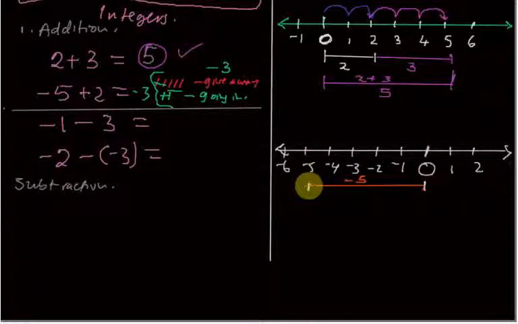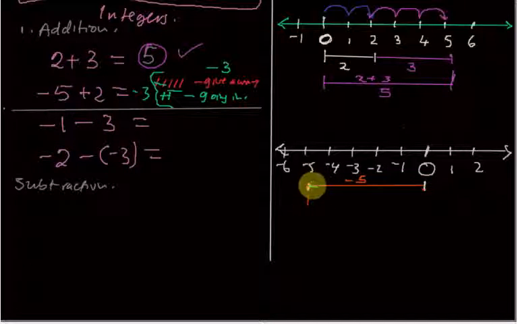I say +2. Plus means go forward. So I'm going forward from here. Because I'm going forward, I will use a different color. Let me use green. I will go forward 2 steps.